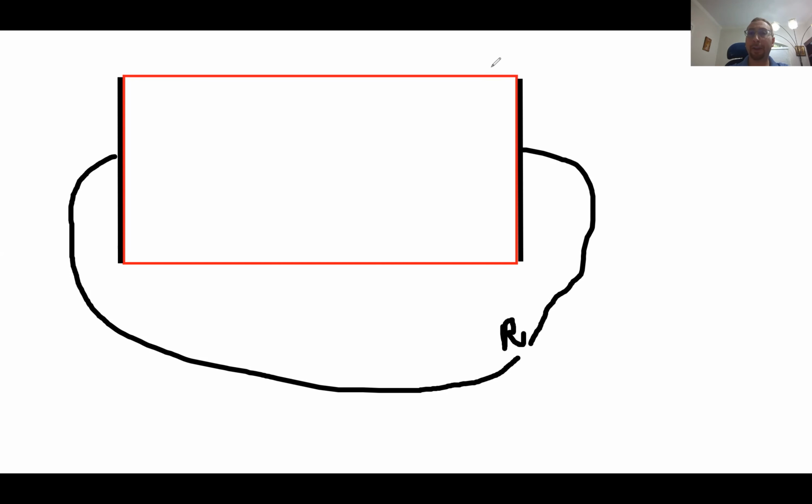At the very beginning, all of this is just a polymer. There's nothing else in it. Initially, I start to add a few carbon nanotubes here and there, and I disperse them.